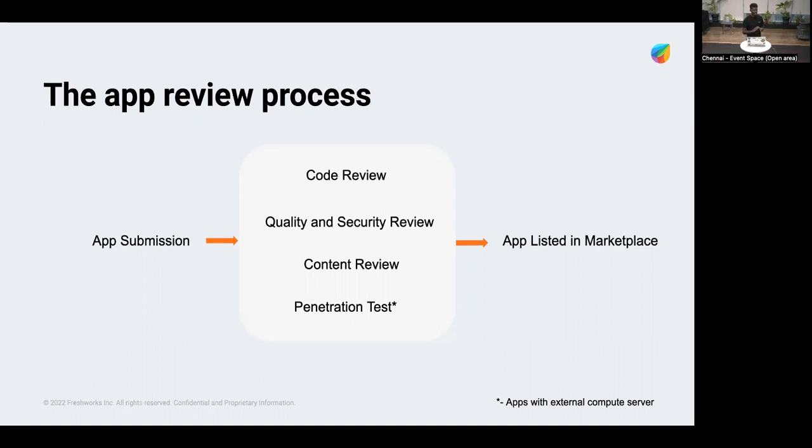Code review is where a Freshworks expert will look at the actual app code and ensure there are no vulnerabilities and that the code quality is good, just to ensure everything is good with the code, right? And quality is again a manual functional testing.